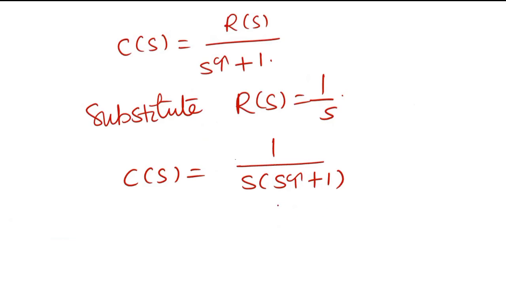Now to find the value of C of t, we need to apply the inverse Laplace transform. So here, we need to convert this denominator factor into s plus p form. For that purpose, divide the numerator and denominator of the right hand side factor by tau. This is equal to 1 by tau into 1 by s into s plus 1 by tau.